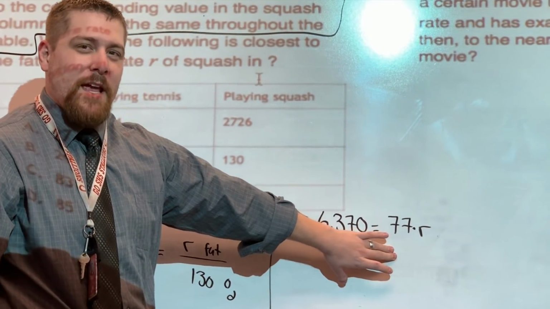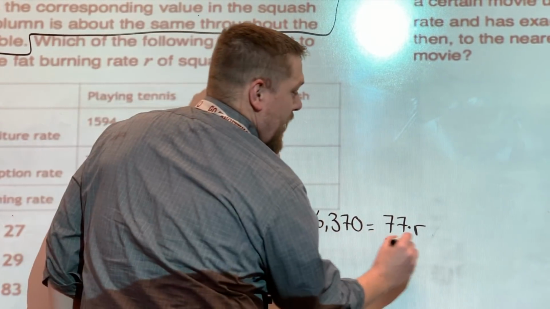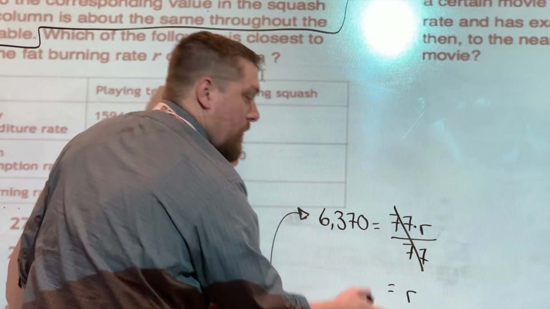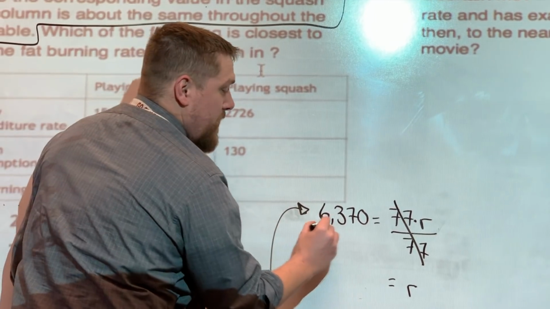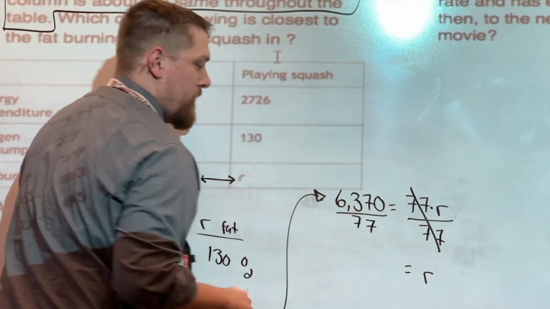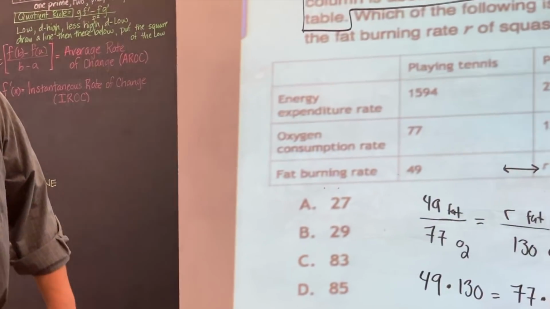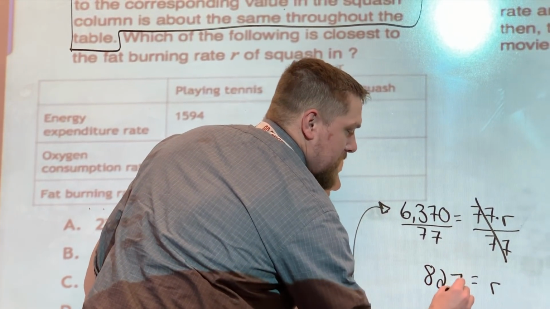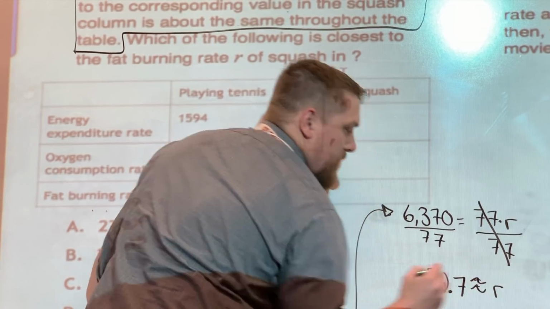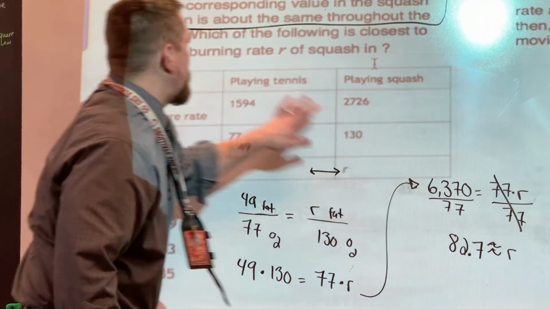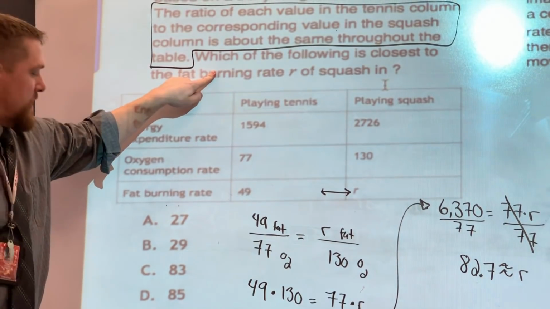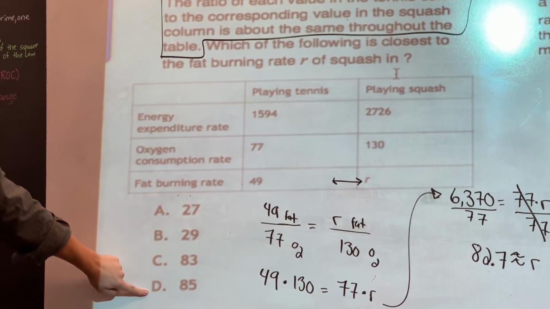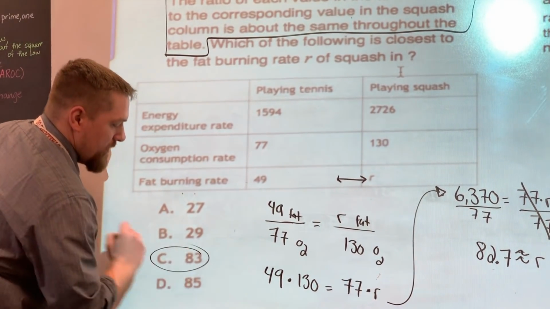The opposite of multiplication is division. So I'm going to divide by 77, cancels out, I'm left with an R. What I do to one side, I need to do the other. Divide by 77. The answer approximately ends up being 82.7. Now, in the question, it asks you which one is closest. So if I look through my answers, the closest one to 82.7 is 83, letter C.